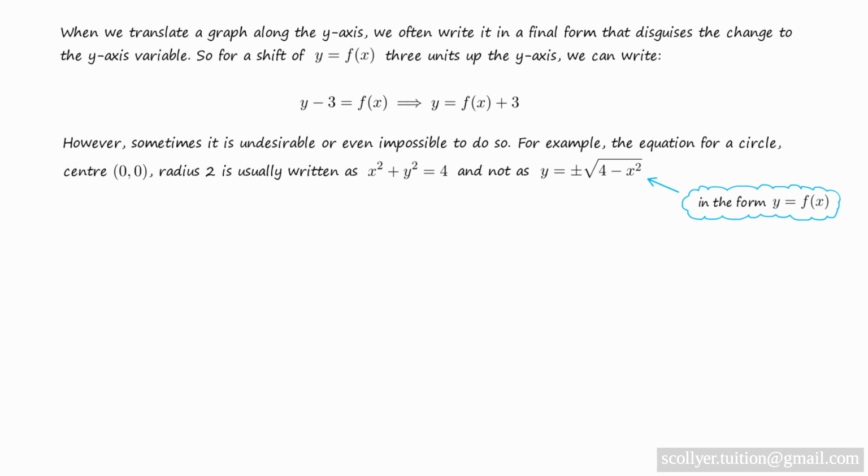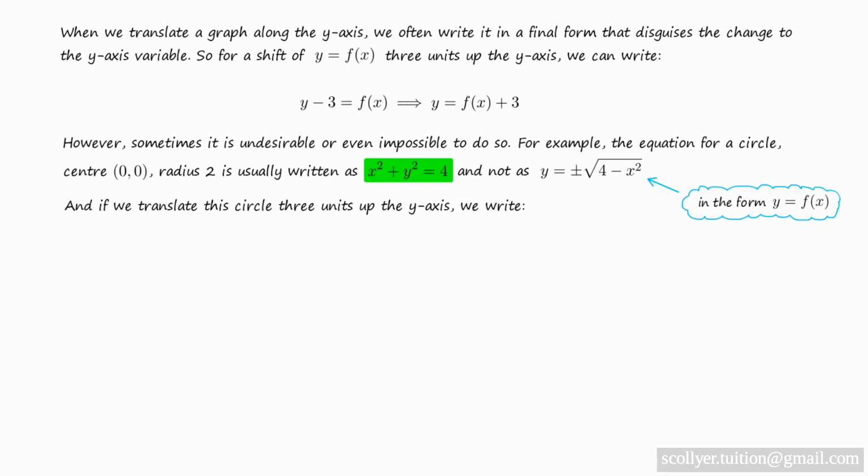In fact, there are 2 equations in that expression, y equals the positive square root of 4 minus x squared, and y equals the negative square root of 4 minus x squared. So it's a bit of a mess. And we almost always stick to this form when writing the equation for the circle.